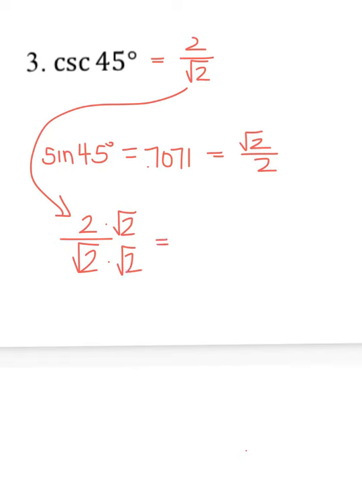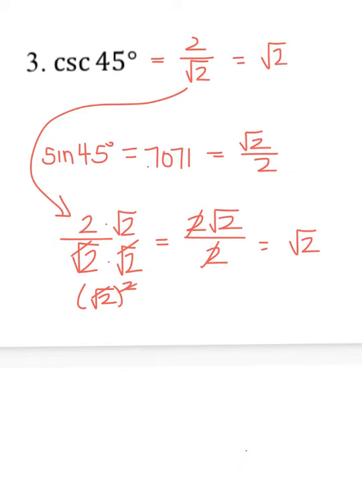So 2 times the square root of 2 is 2 square root 2. And the square root of 2 times the square root of 2, the radicals cancel each other out because it's kind of like doing the square root of 2 squared, right? The radical and the 2 cancel each other out. Now, 2 and 2 will cancel out, and you're really just left with the square root of 2.